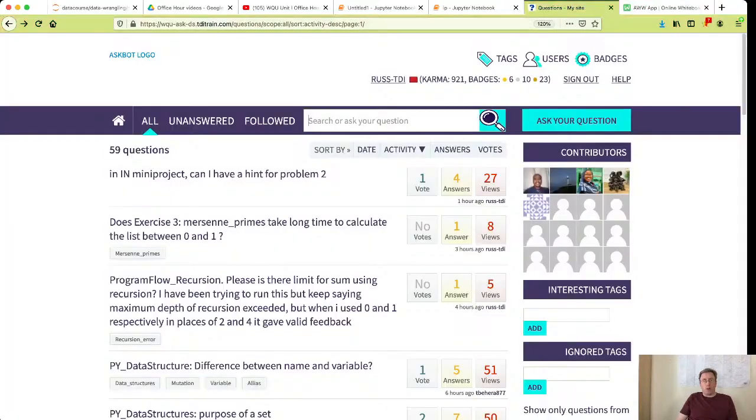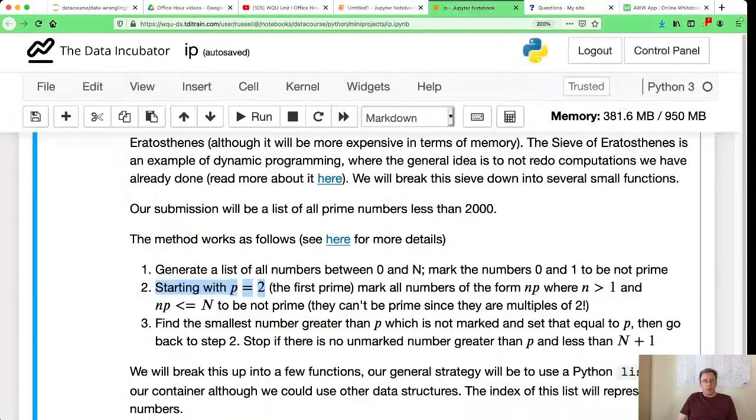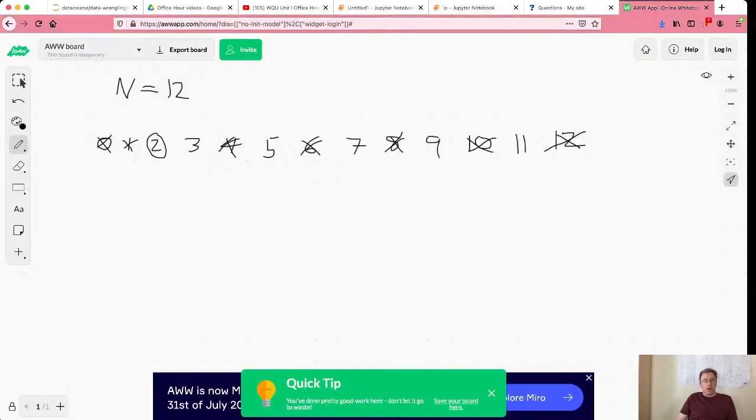Find the smallest number greater than p, which is not marked. Set that equal to p, and then go back to step 2. So I look at my list. This number right here, that is the smallest number that's not marked out and is larger than 2, is 3. Now I mark out all of the multiples of 3. I could mark out the same number again.